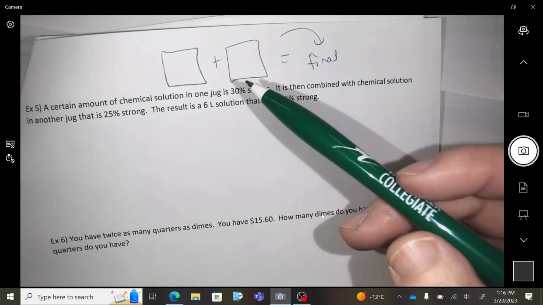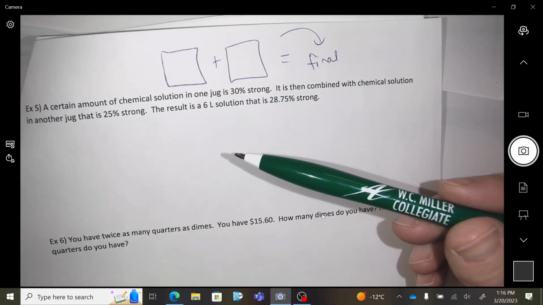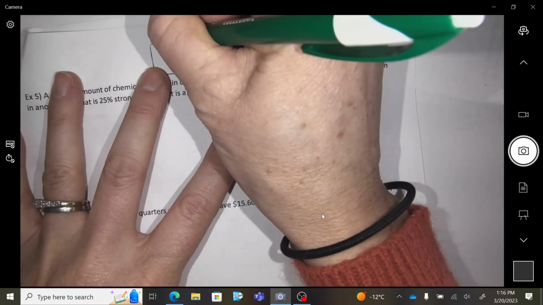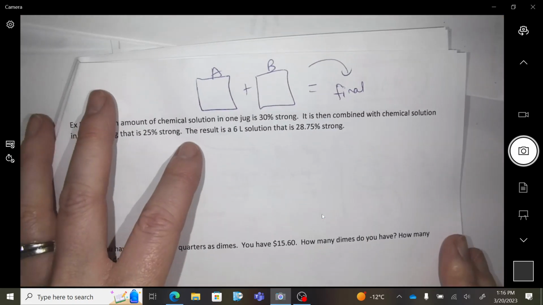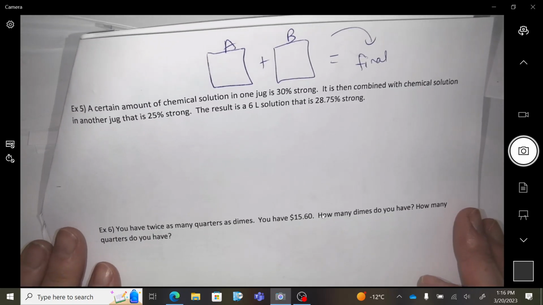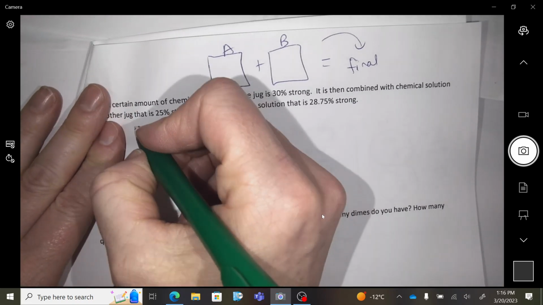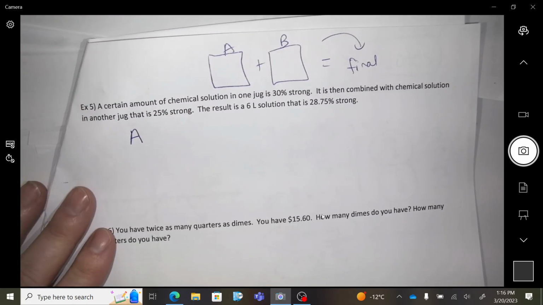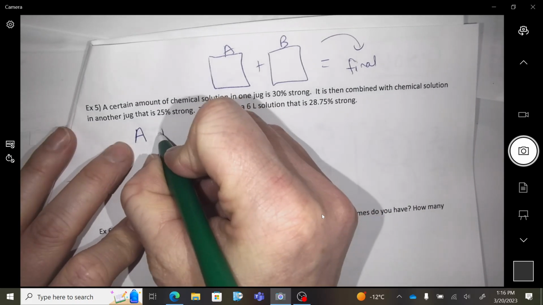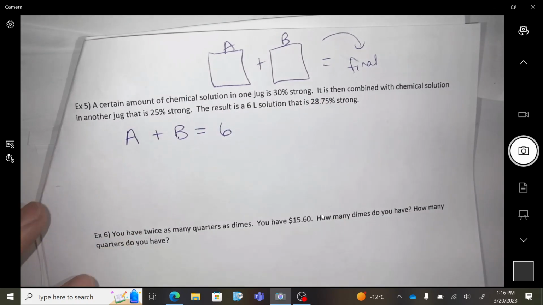Okay, tell me what you want to name these jugs, which are variables, right? Because we don't know. A and B. So here we go. The amount of fluid in A plus the amount of fluid in B equals 6.